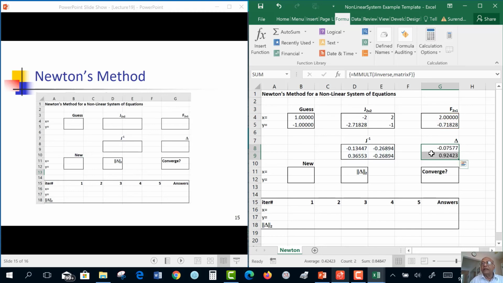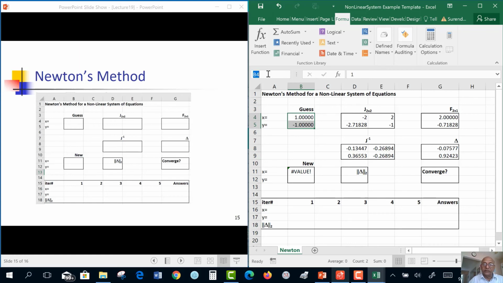Control Shift Enter. And of course, our new values would be whatever our guess values minus delta. Oh, did we not name this? Let's name this guess also. We'll name that as old.